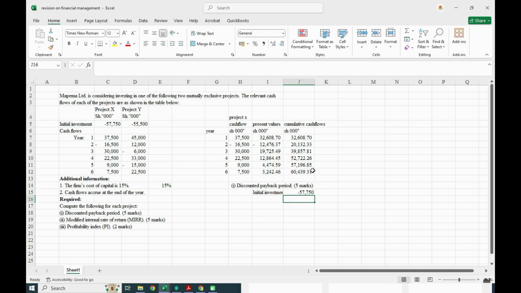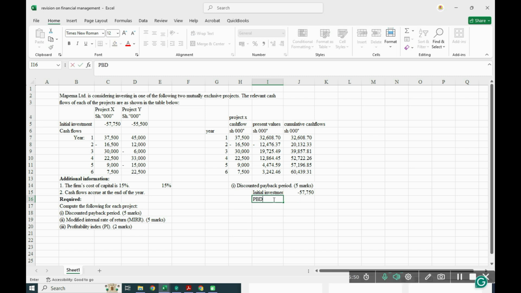So when are we recovering this amount under the cumulative? Within a period of 4 years we are recovering 52, but we need 57. So our payback period will be 4 years.